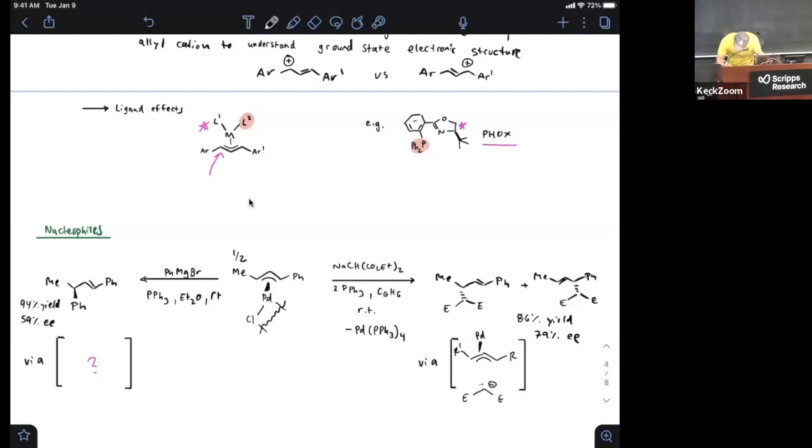Let me draw this one. Backside attack. And we see the overall outcome is invertive.